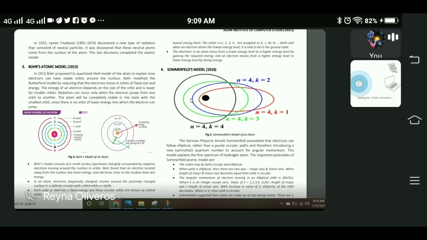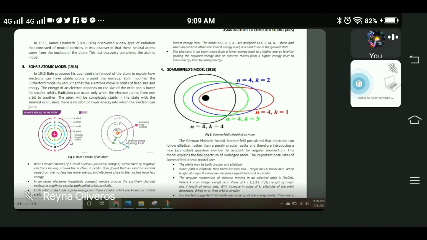So the energy of an electron depends on the size of the orbit and is lower for smaller orbits. As you can see, the radiation can occur only when the electrons jump from one orbit to another. So the atom will be completely stable in the state with the smallest orbit since there is no orbit of lower energy into which the electron can jump.